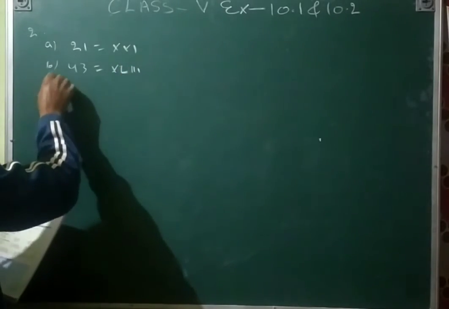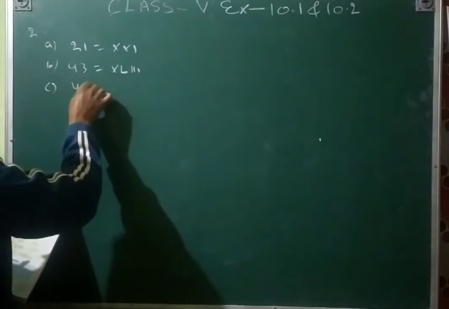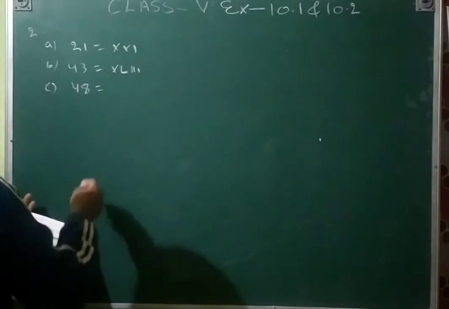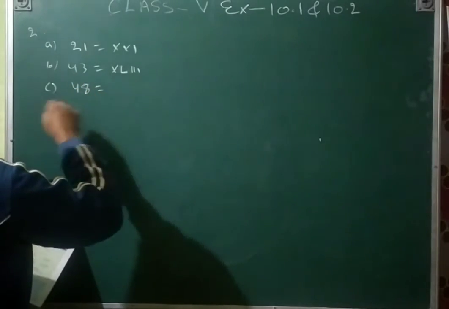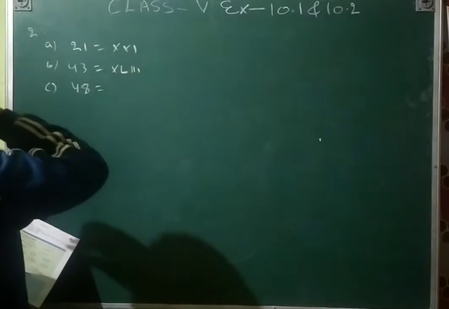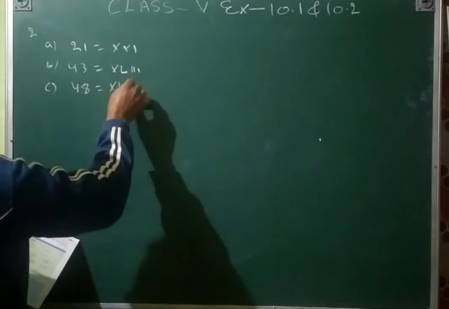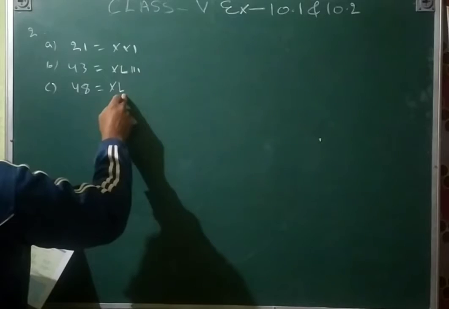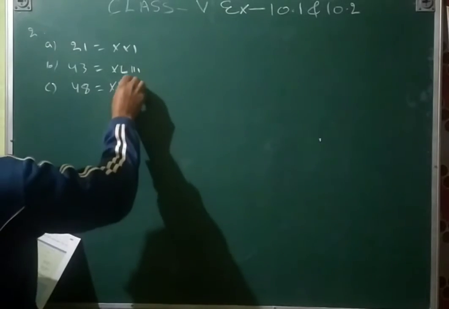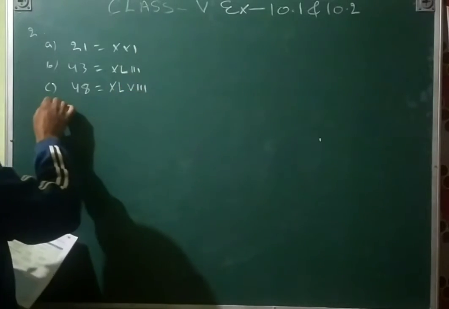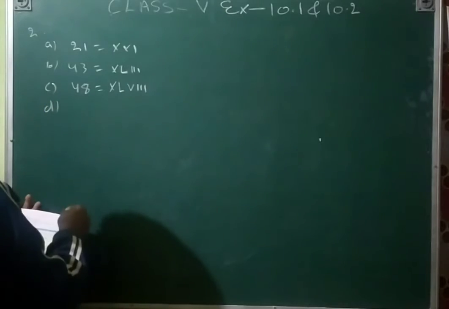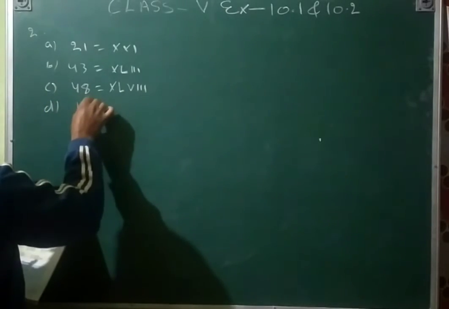C part is 48, that will be XLVIII, that is 40 and then 8. D part, that is 149.